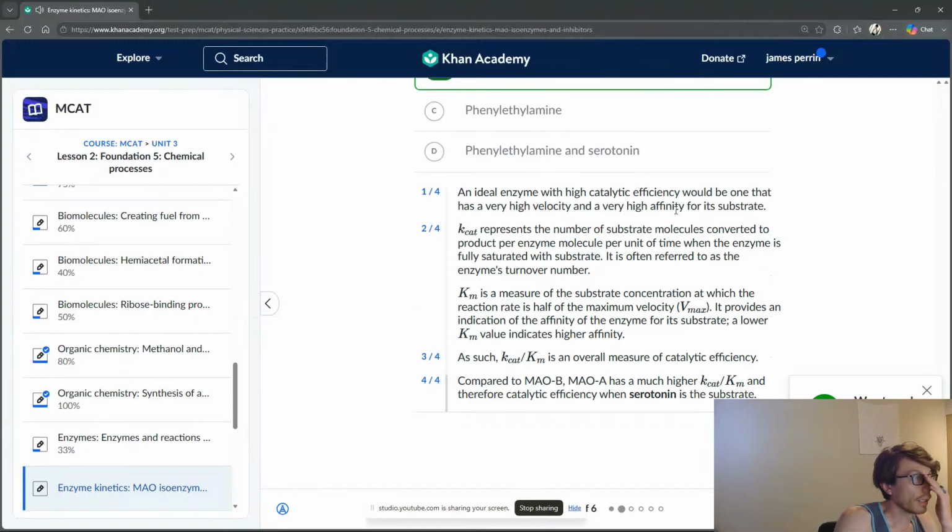An ideal enzyme with a high catalytic efficiency would be one that's very high velocity, very high affinity. Okay.